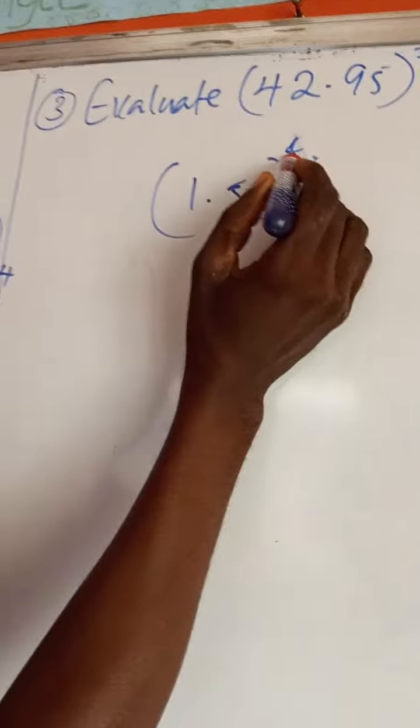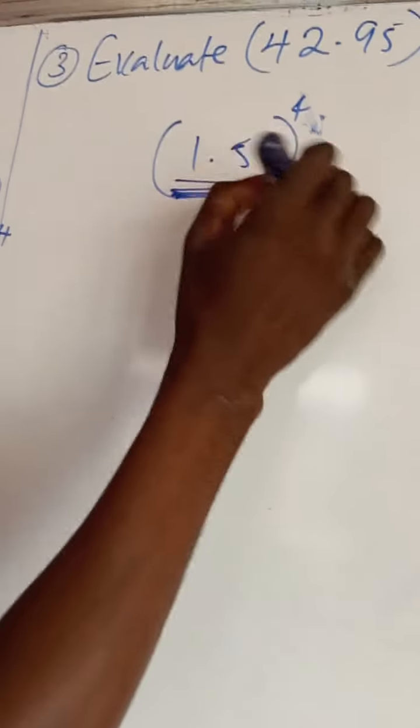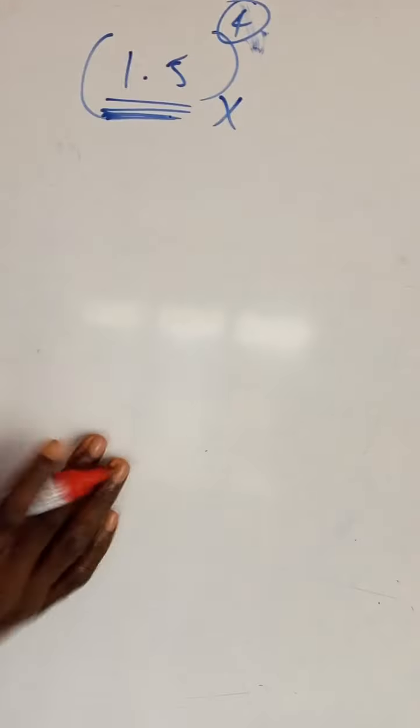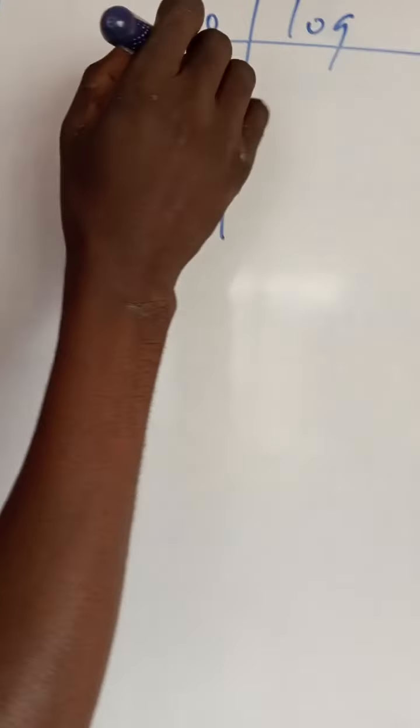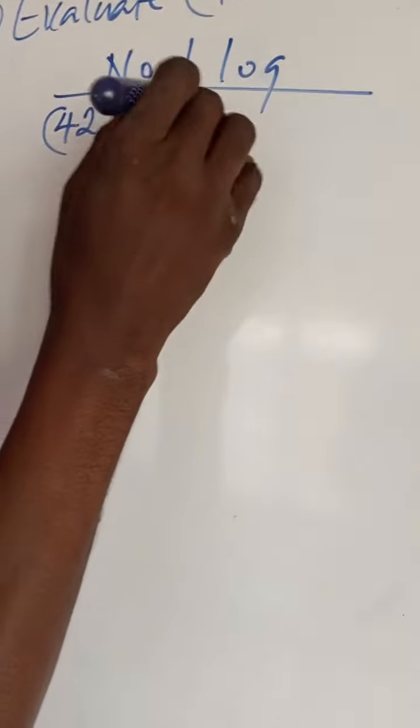The meaning is that after you have gotten your logarithm, you multiply it by that power. Let's solve this one and see how it goes. This one is the number and this is the log. We have 4295 raised to power 3.